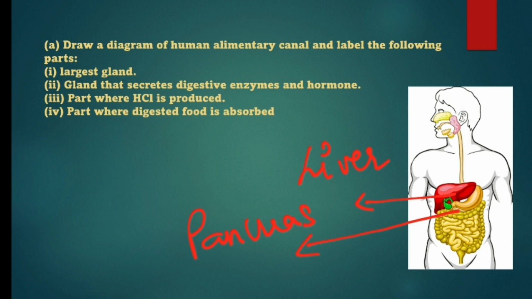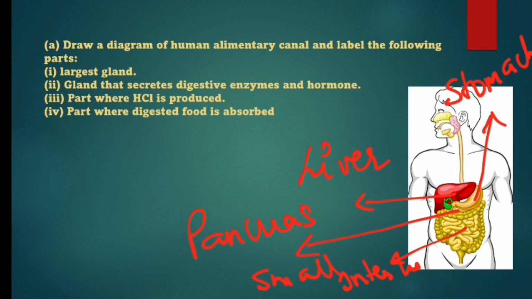So HCl is produced in the stomach. So C will be stomach. And the fourth one will be the part where digested food is absorbed. Food is absorbed in the small intestine, right, with the help of villi. So the fourth one will be small intestine.